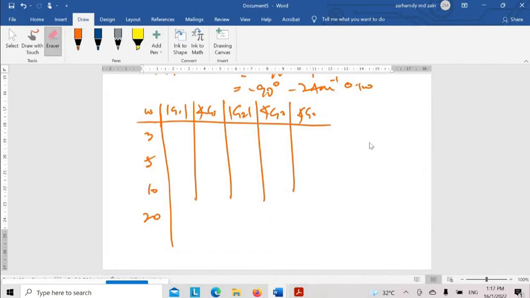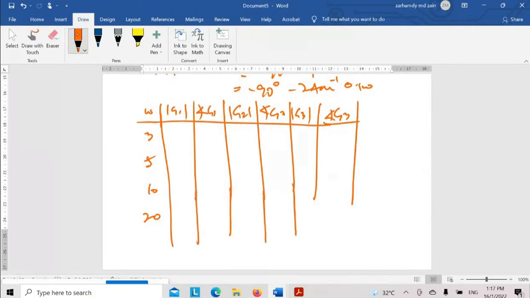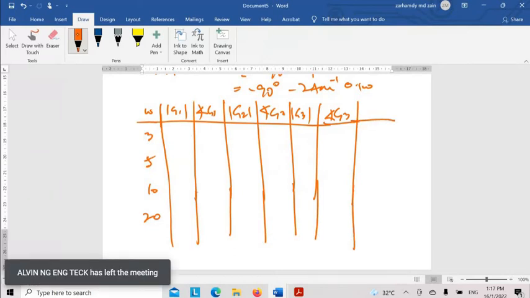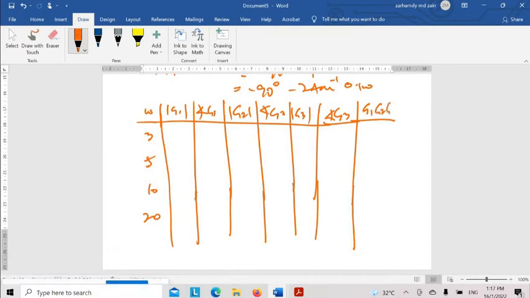Nanti you can combine pun tak ada masalah. If you can total, G1, G2, G3, and then total G, G1 plus G2 plus G3.